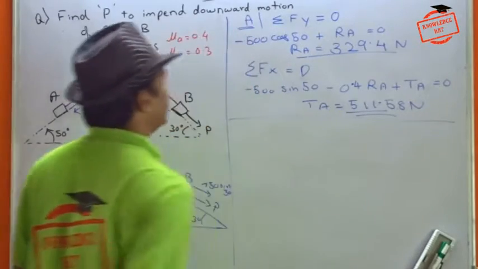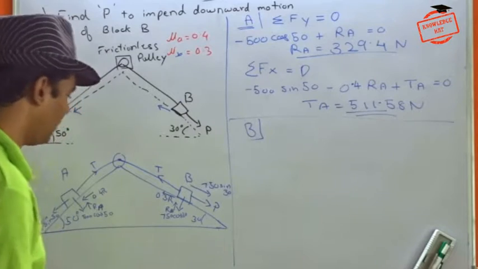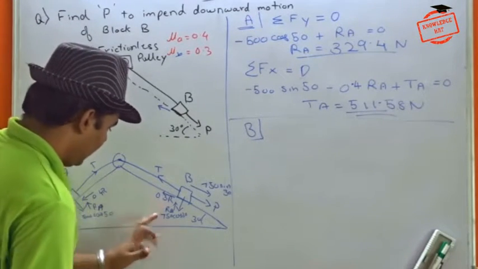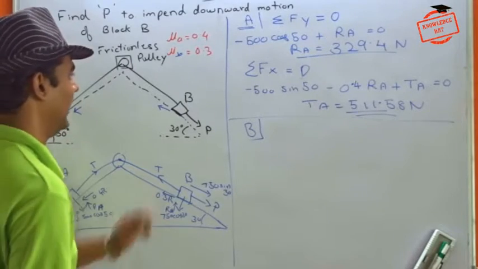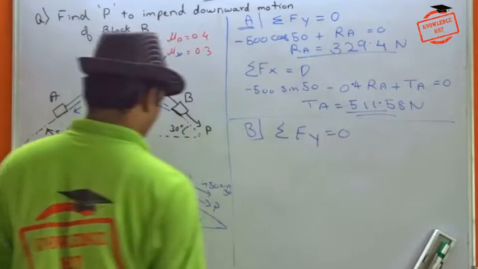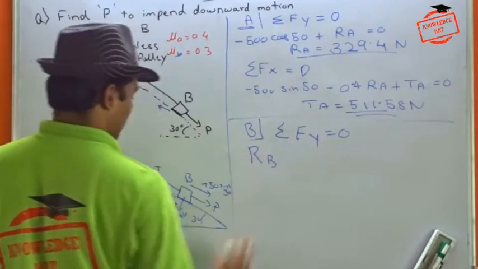Now block A is done. Now the next one is block B. At block B, we first find the reactional force RB. For that we need to take summation of Fy, which is for vertical forces. RB is acting in positive direction, so it is positive.